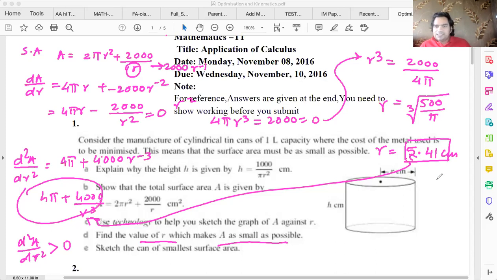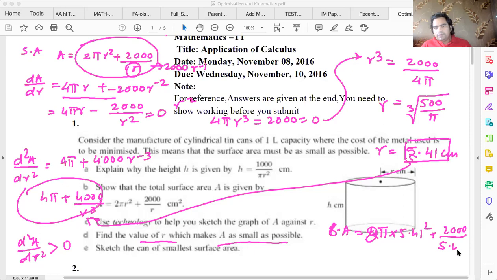And to get the exact value of the surface area, you're going to plug into the main surface area formula. So your minimum surface area will be 2 pi times 5.41 squared plus 2000 over 5.41. So this gives us the minimum value of the surface area.